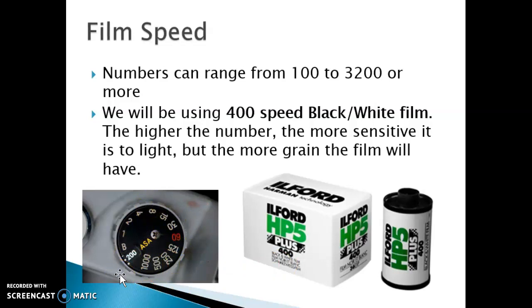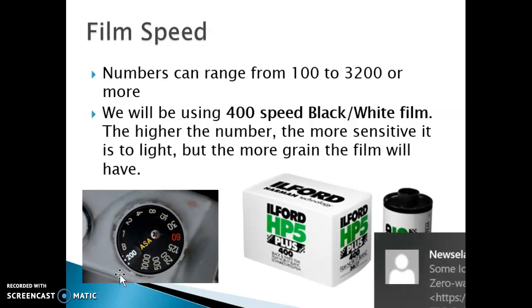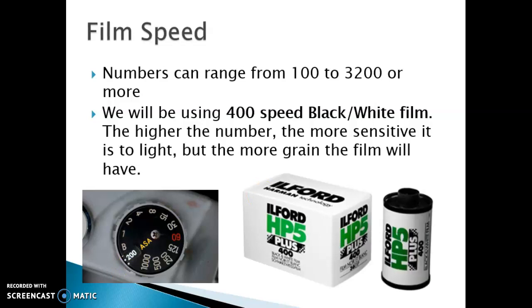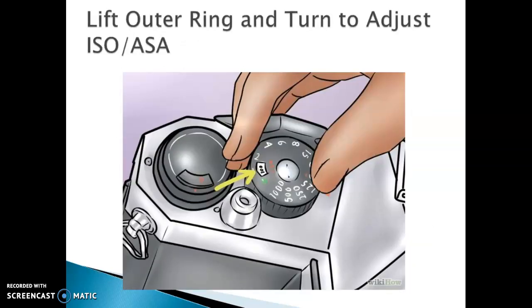The higher the film number, the more sensitive it is to light, okay? But it would also have more grain. And again, this is just review of changing your ISO or your ASA.